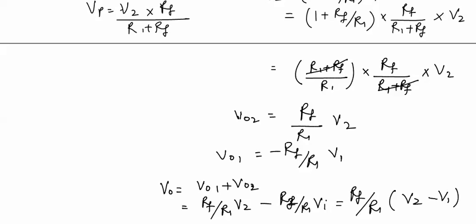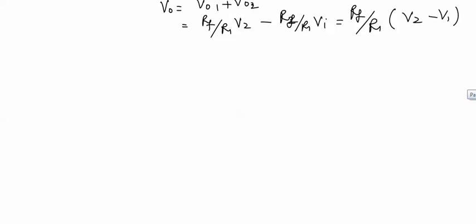Now we will solve one question from GATE exam. For the op amp circuit, calculate V0. We have to calculate this voltage V0, and the circuit is given as.